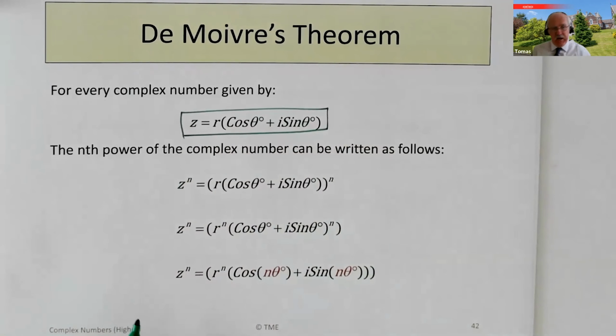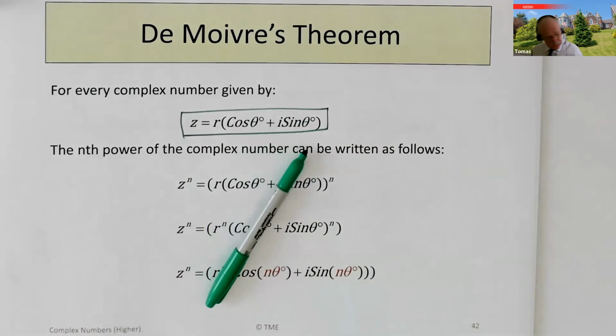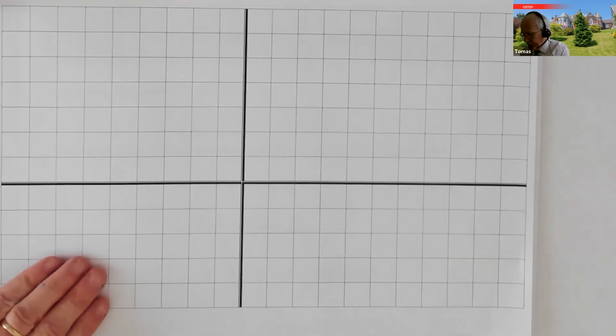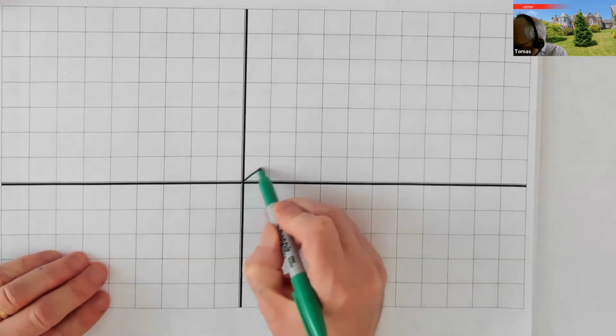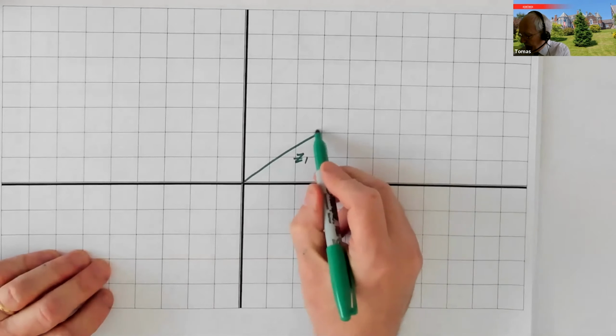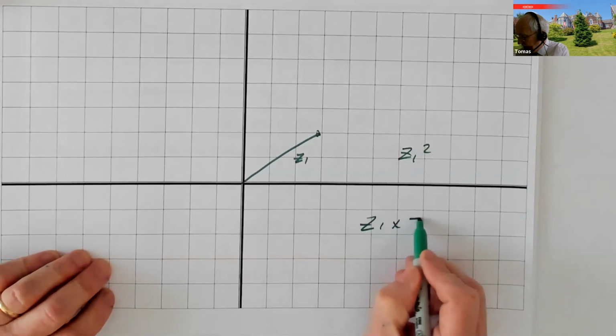Now, if we decide that we want to multiply the complex number by itself, if I've got a complex number and I decide to multiply it by itself, what am I doing? If I'm multiplying, I'm rotating. So if I take this number here, z1, and I want to get z1 squared, I just get z1 by z1.